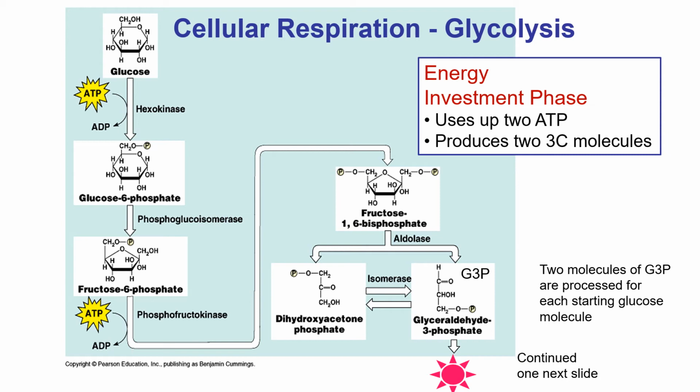The molecules are going to be rearranged until we get a symmetrical molecule with a phosphate on each side. That's the fructose 1,6 bisphosphate. And then that can be split into 2 slightly different molecules. The only molecule that continues on to the payoff phase is glyceraldehyde 3-phosphate, G3P.